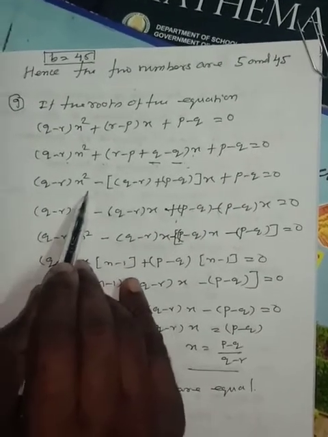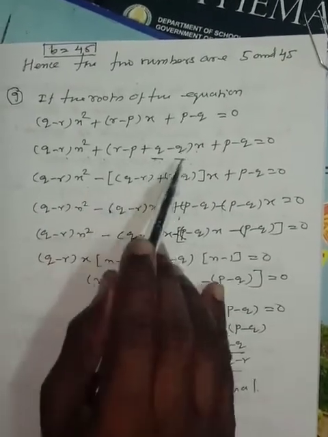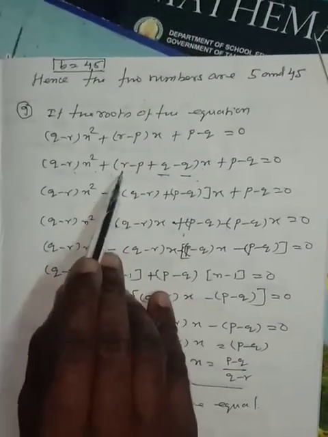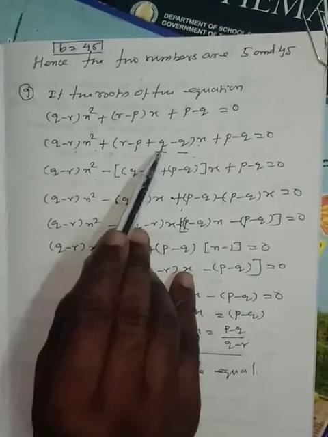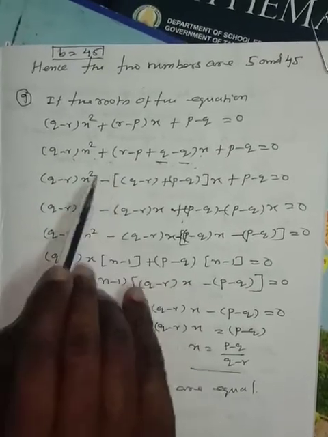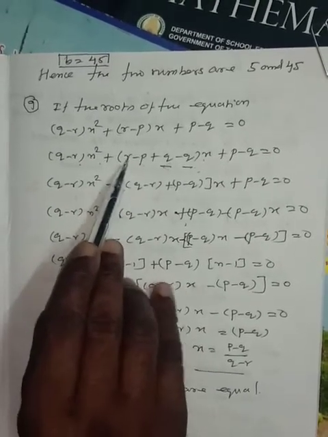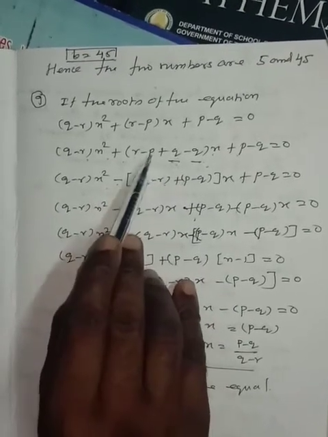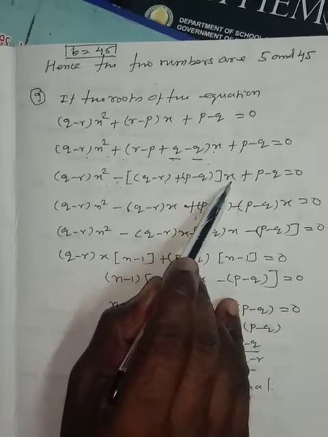Q minus r of x square minus, take these two terms, minus of (q minus r plus p minus q) of x plus p minus q is equal to 0.